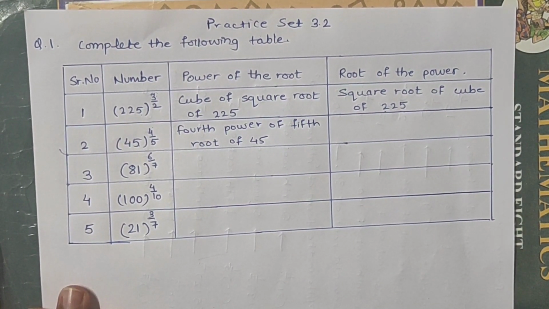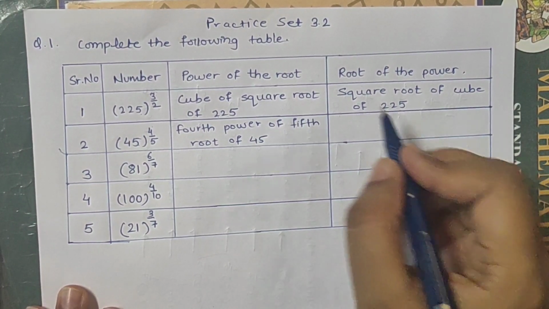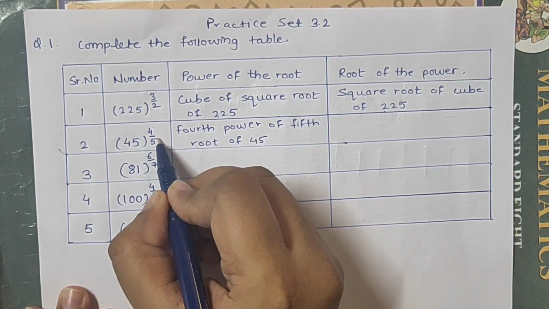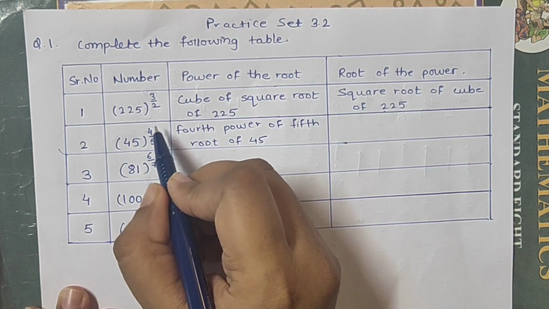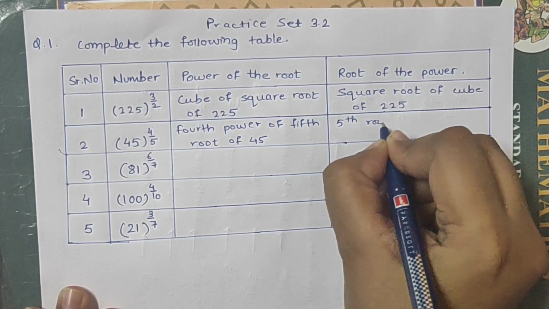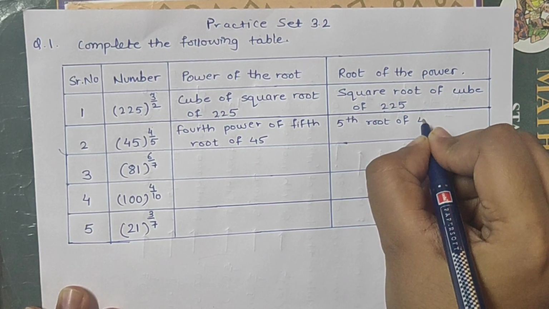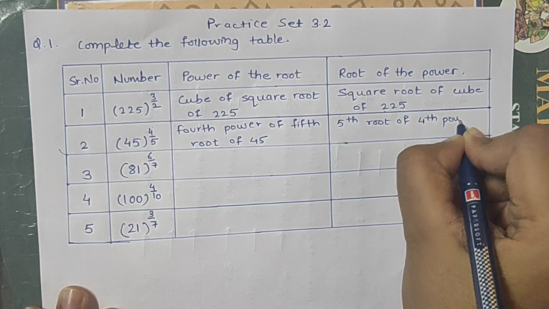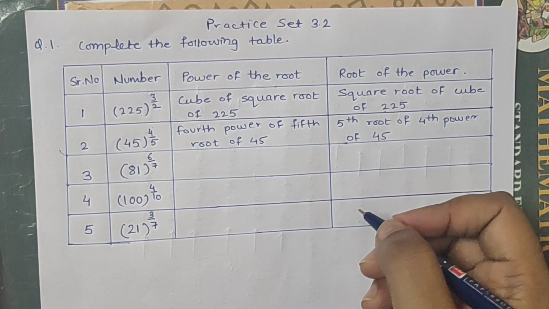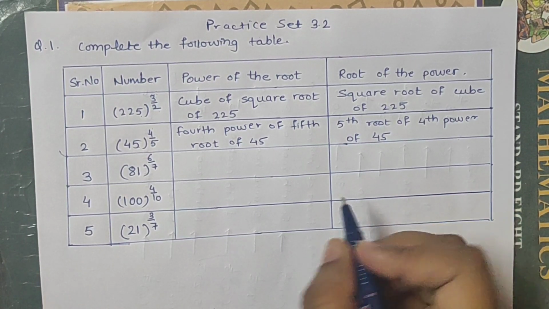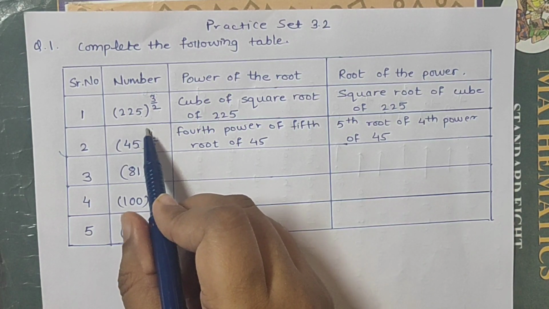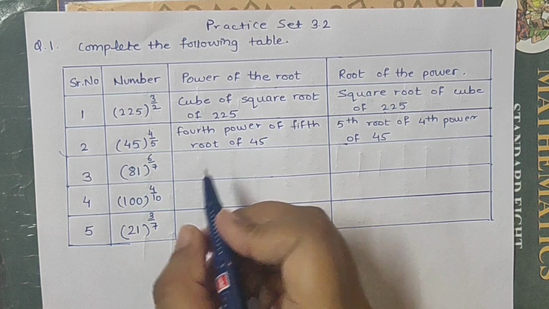Similarly, root of the power, so fifth root of fourth power of 45. In short, you have to see denominator for root, and for power you have to see numerator.